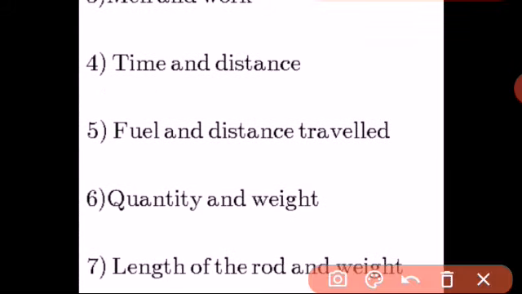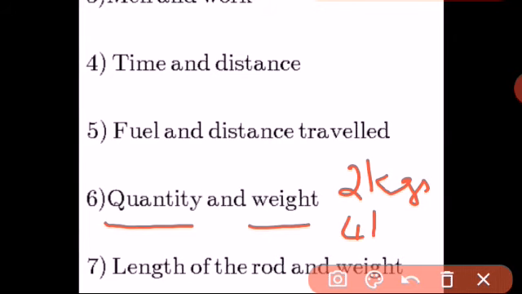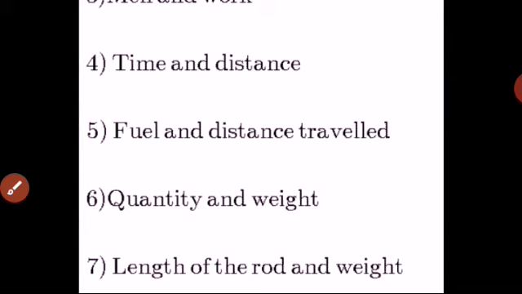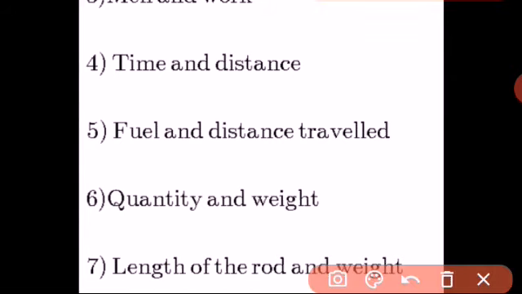Quantity and weight: if 20 apples weigh 2 kgs, then 40 apples will weigh 4 kgs. As the quantity increases, the weight increases. Length of rod and weight: a 10 centimeter rod weighs 10 grams, then a 20 centimeter rod will weigh 20 grams. That's all.